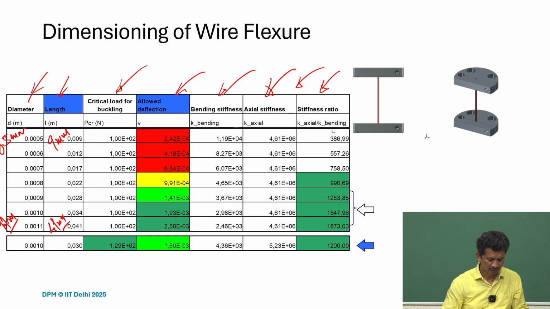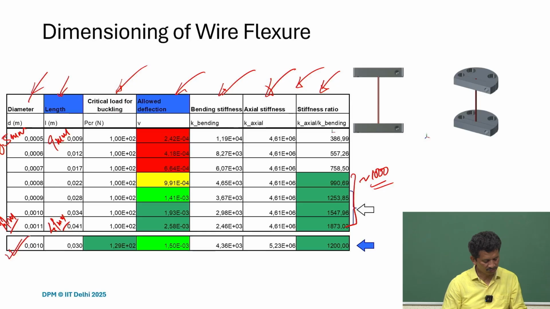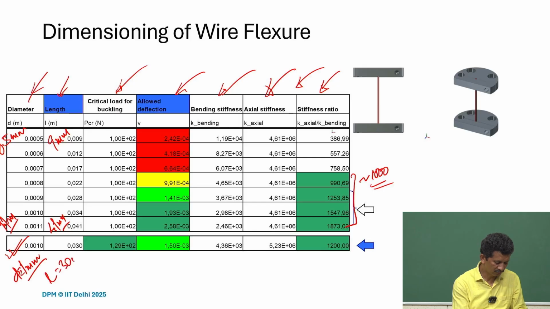When we see some comfortable numbers, we are approaching towards a higher number, towards 1000. Among this, we thought to just select 1 mm diameter, and L is 30 millimeter.